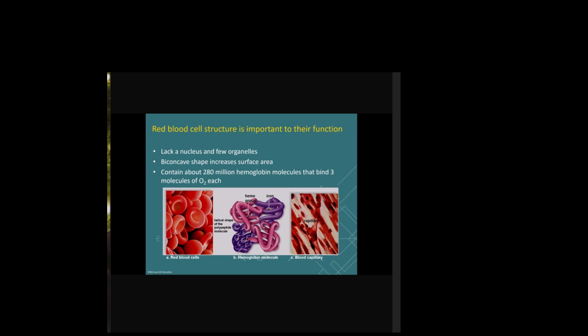And the surface area increase here because of its shape allows, again, for diffusion of oxygen in and out, because the way the oxygen comes into the cell is by diffusion. And this usually happens in the lungs.